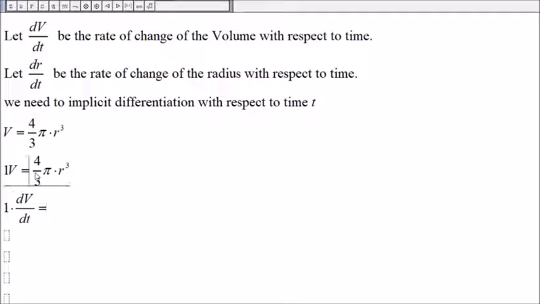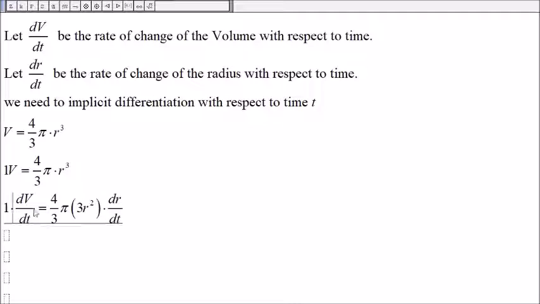And then 4/3 pi is the constant, and then times the derivative of r to the third, which is 3r squared. And since the variable here is r, or radius, and we're doing the derivative with respect to t, we have to multiply by dr/dt.